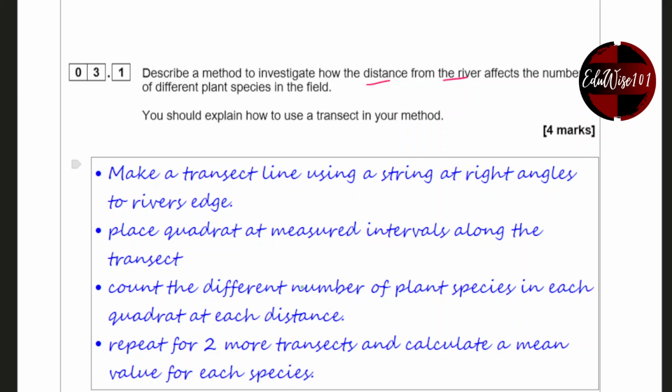Count the different number of plant species in each quadrat at each distance. Repeat for 2 more transects. That is basically a method. Now, I've added calculate a mean value for each species as an extension. You don't really need that point, but that's how you would use a transect to find the different number of plant species in the field.